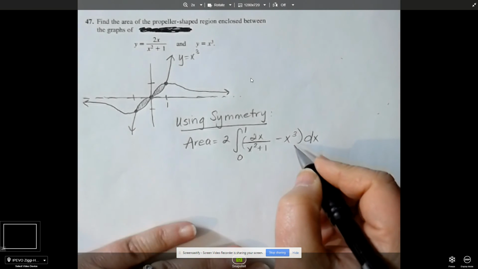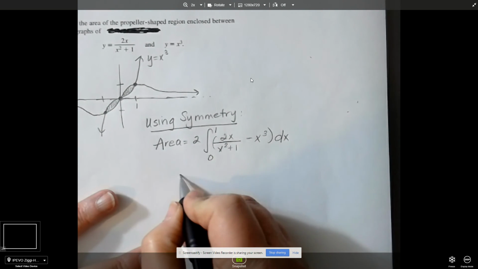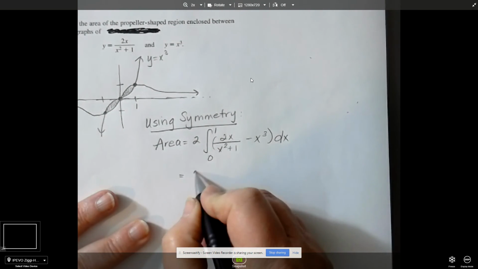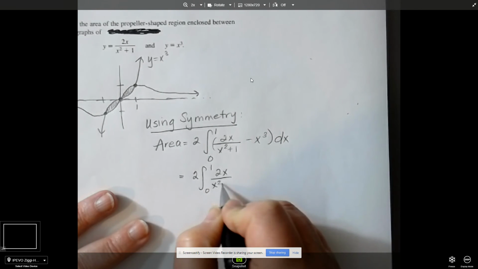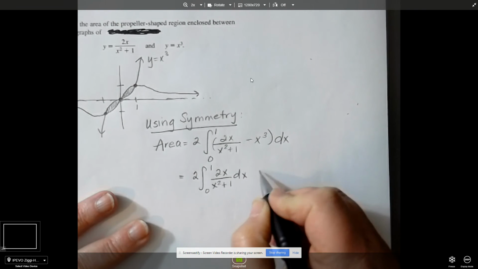Well, this x cubed is really easy to integrate, but this one is not so much. So let's split this up. We're going to go from 0 to 1 of 2x over x squared plus 1 dx. And then we can do this one.